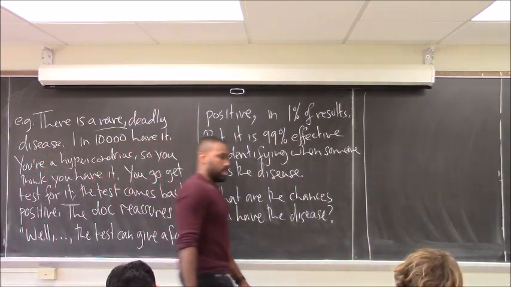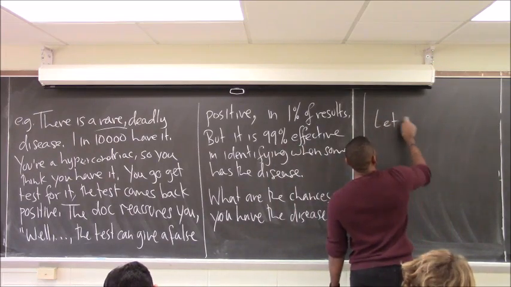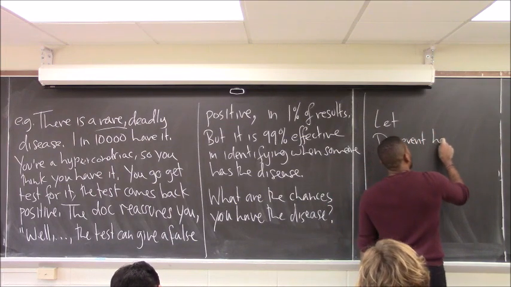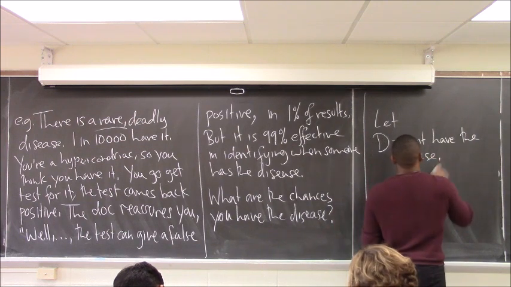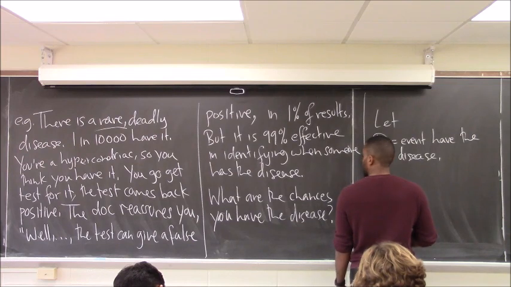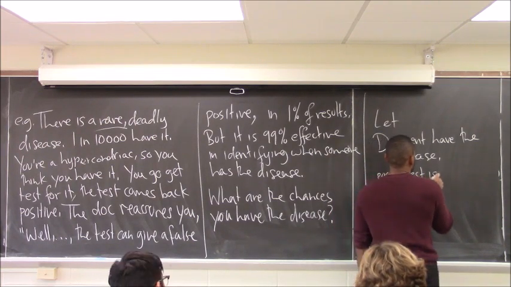Let's see what Bayes thinks. Let's define some sets. D is the event you have the disease. So of course, D complement will mean you don't have the disease. POS means the test is positive.